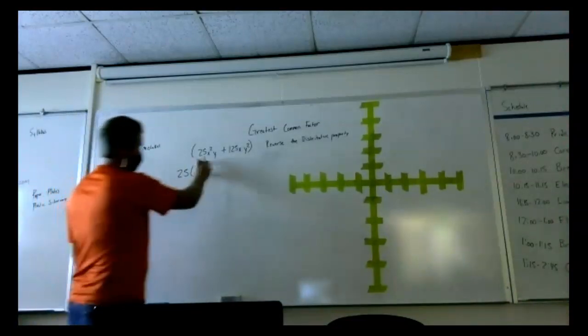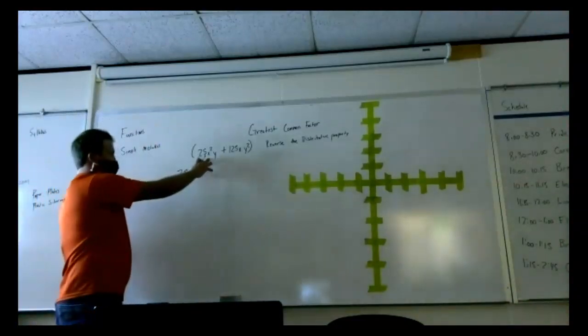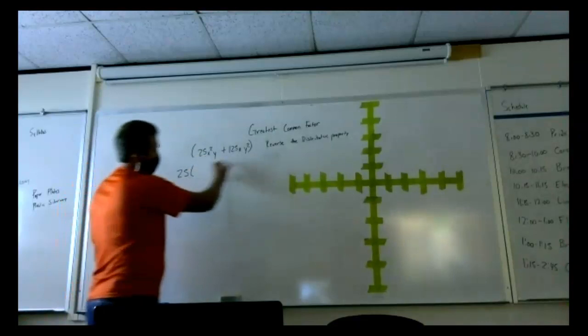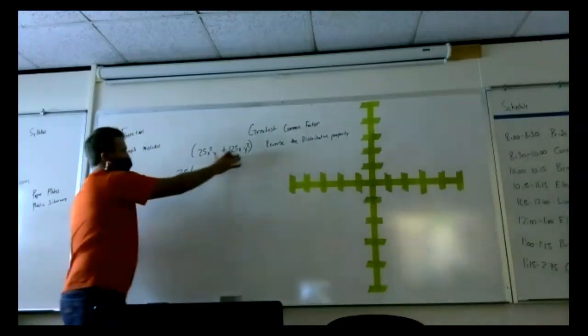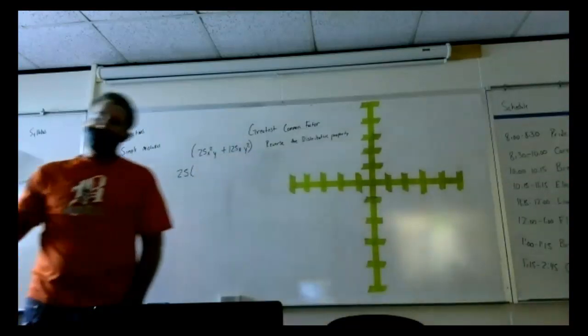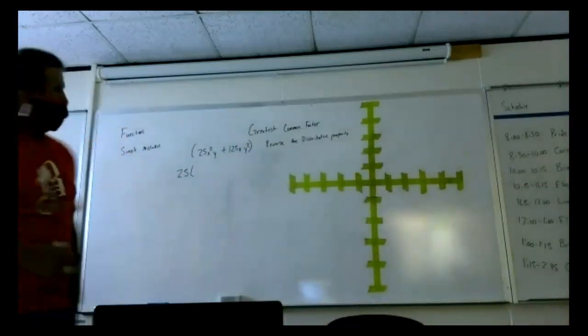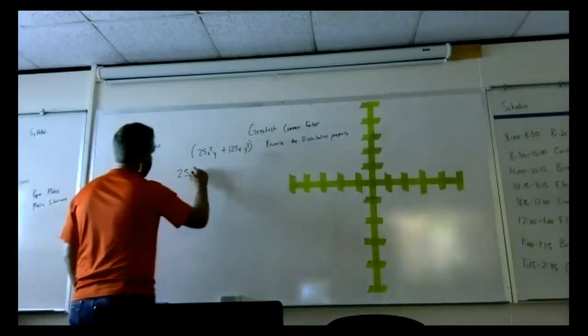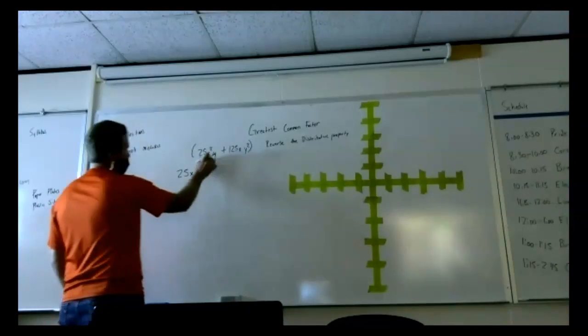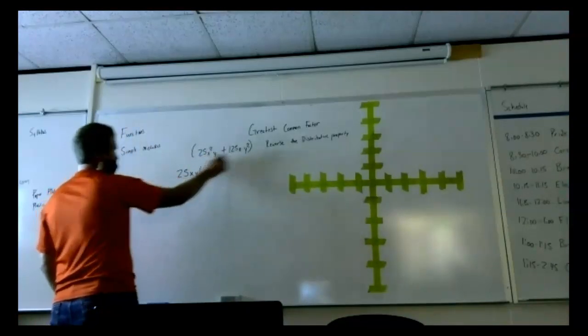You can see our first term has x squared y, and our second term has x y squared. So they're not the same, but they share a common variable. In this case, we can take out a single x and a single y because both terms share the variables x and y.